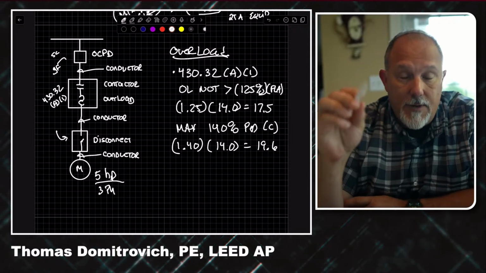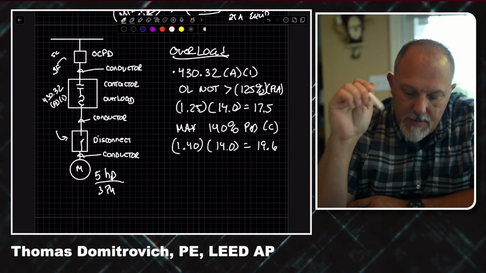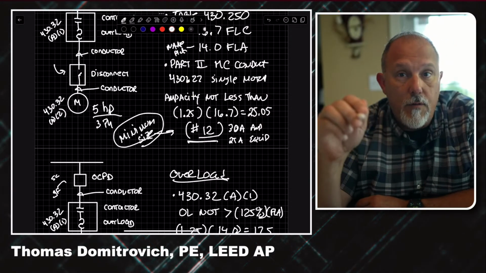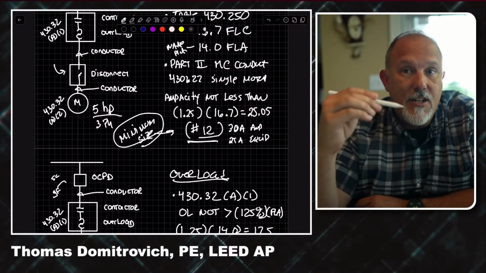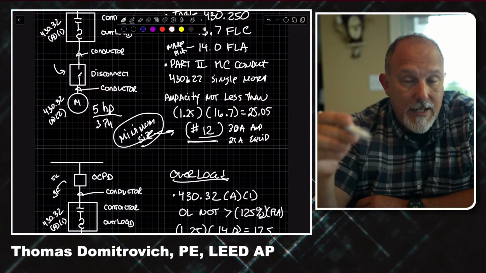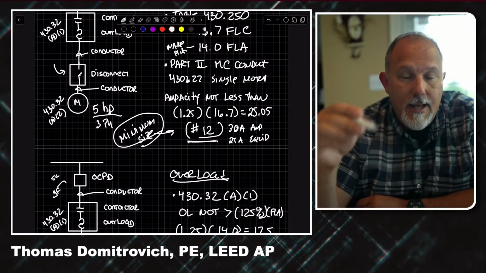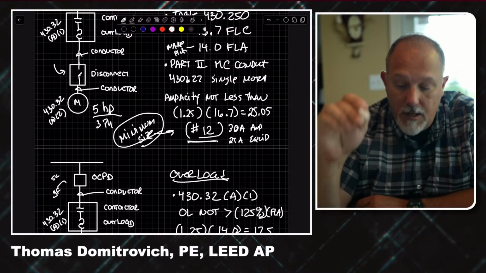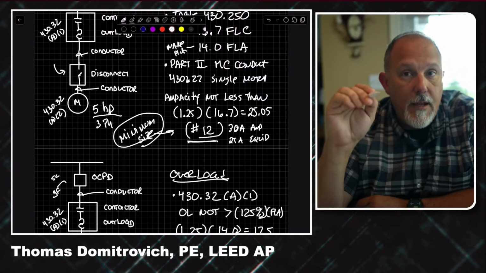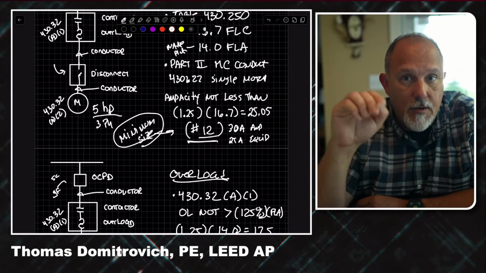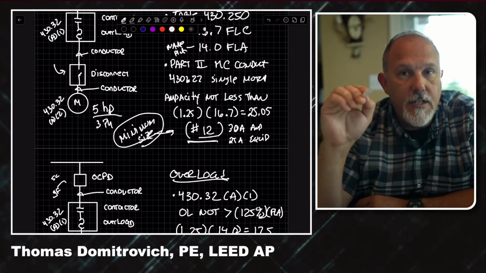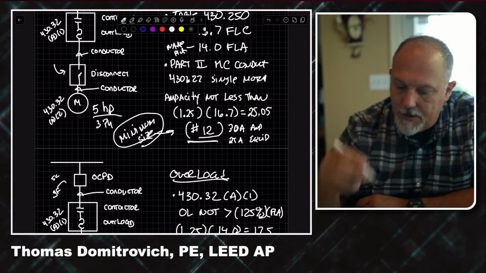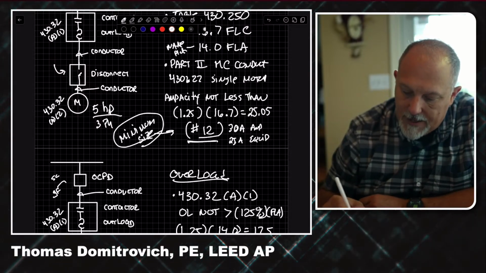Now I want to make sure of my minimum conductor size. Remember, it was a number 12. To protect the equipment based on 110.14, I cannot exceed the 75 degree C column for the value of current for a number 12 conductor landed on 75 degree C equipment, and that value is 25 amps.